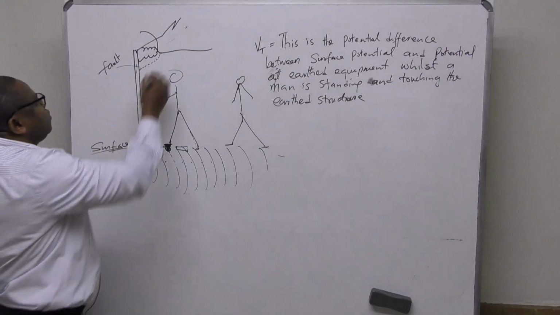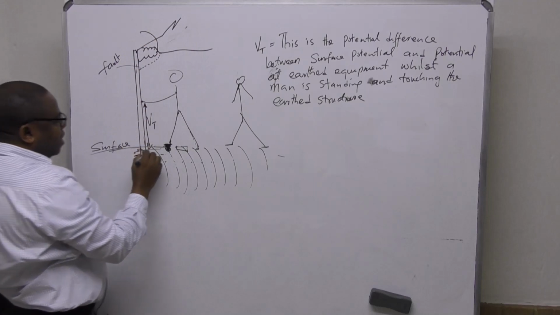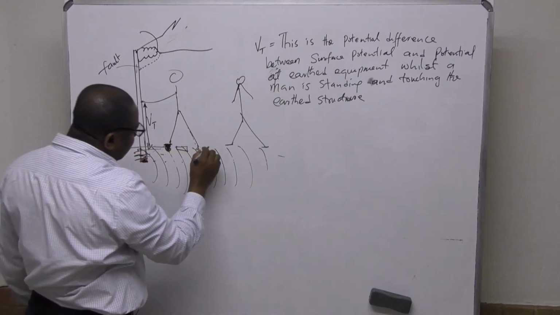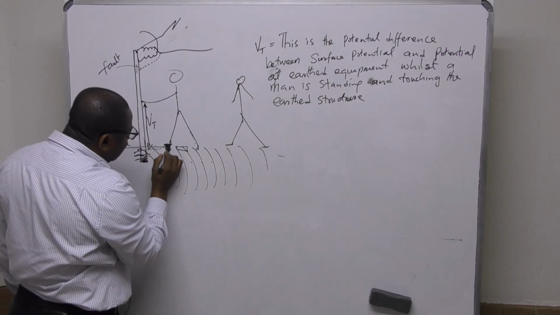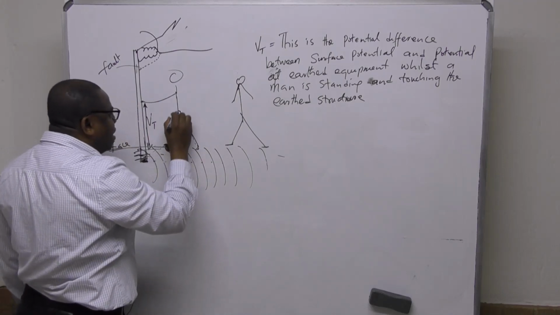Okay, and again, when that current, a lightning current, is flowing down to the ground, as it flows away and comes here, it has to decide, should I continue this way or should I go like that?